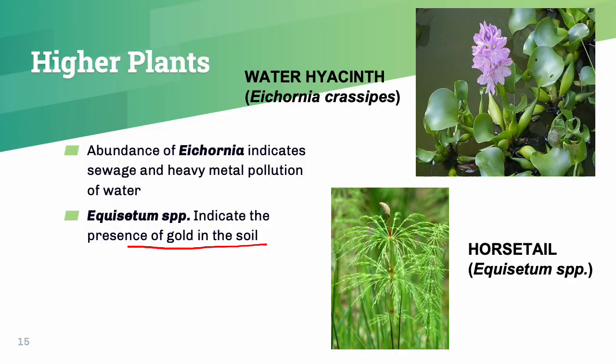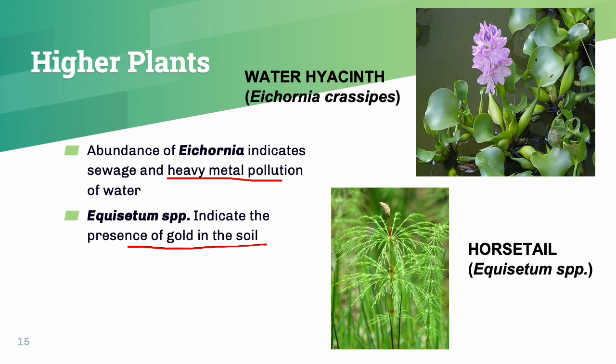Okay? Now we have here the water hyacinth and horsetail. So kapag may water hyacinth sa inyong lugar or sa isang body of water, that could be an indication that there is heavy metals or there is a large amount of heavy metal pollution in the water.